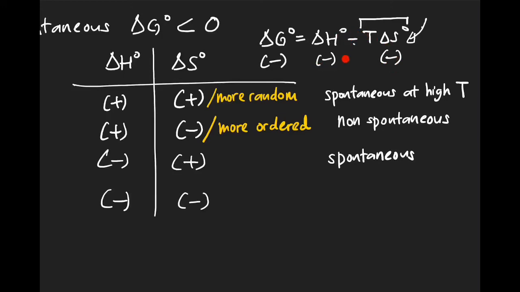So something that is negative plus something that is positive. In this case, the only way for us to get a negative delta G is if the T is low enough. So we can say that the final combination is spontaneous at low temperature.